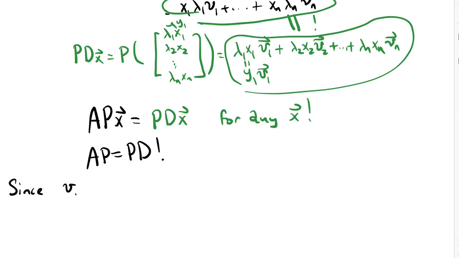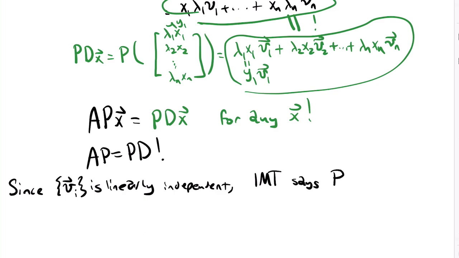Since the set vi is linearly independent, the invertible matrix theorem says that P is invertible.